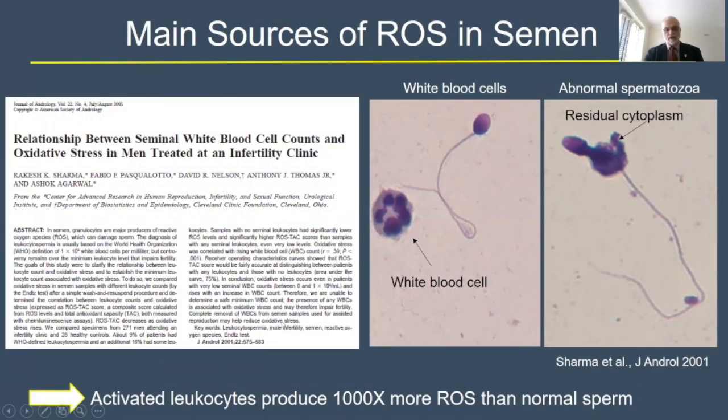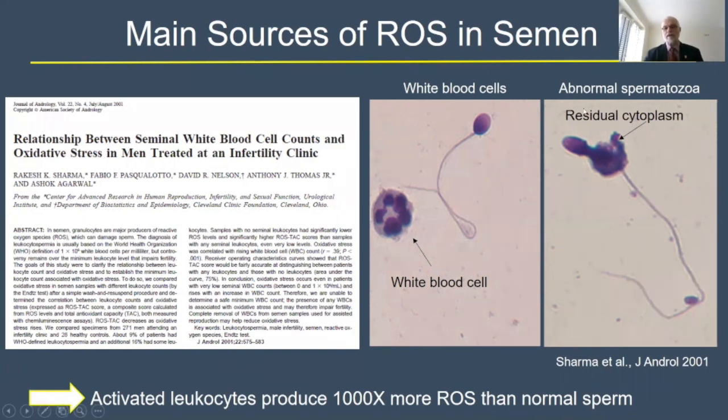Where are these reactive oxygen species coming from in semen? That is, of course, from white blood cells. That is their normal function, to attack and destroy pathogens.